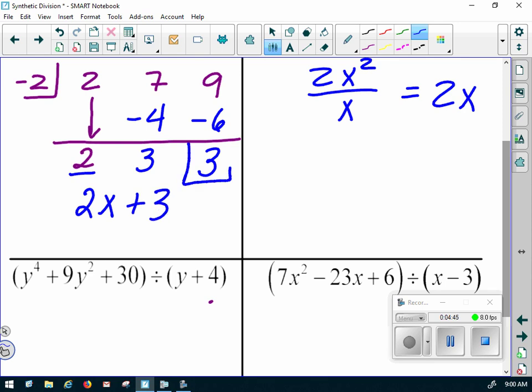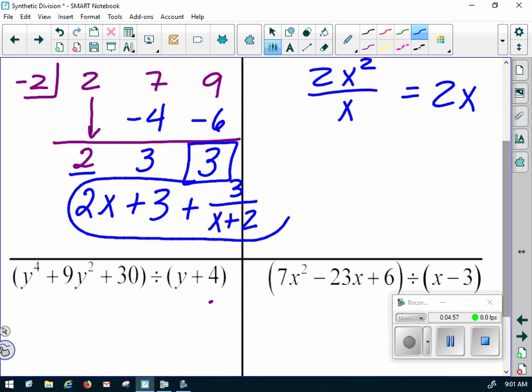What is this? That's the remainder. So we're going to put plus 3 over, wasn't it x plus 2? Circle in or box in your answer so we can find it. I think you'll find synthetic division real simple.